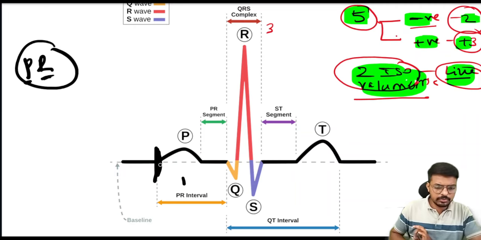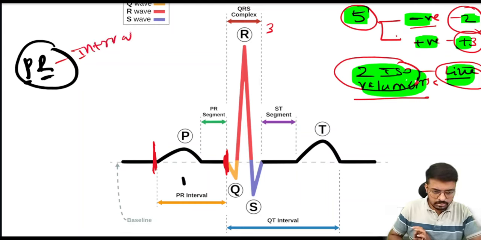So the PR interval starts with the beginning of the P wave and ends with the beginning of the Q wave. That is the PR interval.